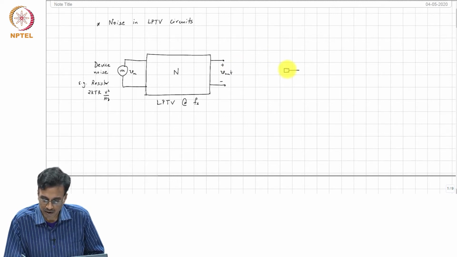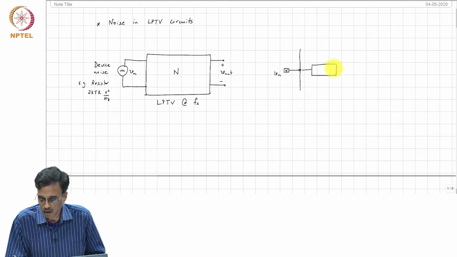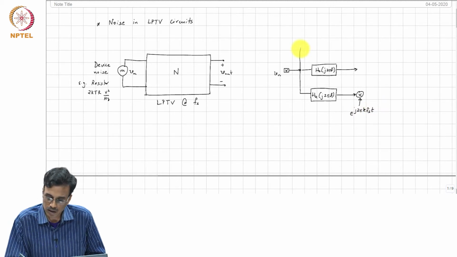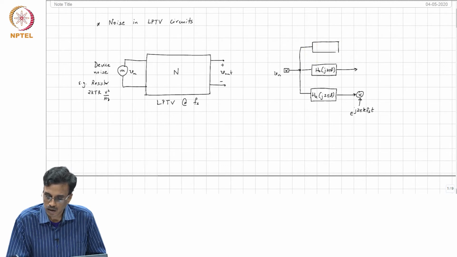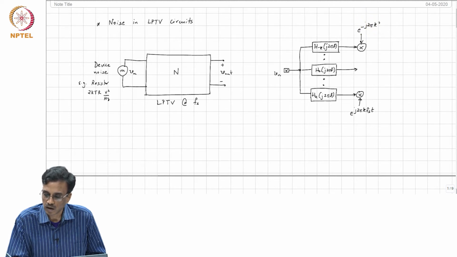If you draw the block diagram, you have Vn, and then it is going through H0 of j2 pi f, H sub k of j2 pi f, which gets multiplied by e to the j2 pi k fs times t, and H sub minus k of j2 pi f, multiplied by e to the minus j2 pi k fs times t.